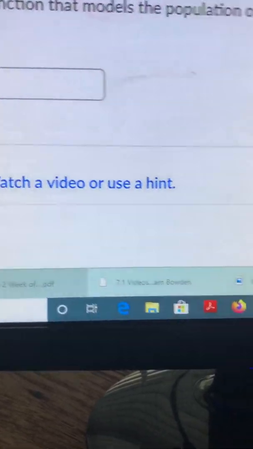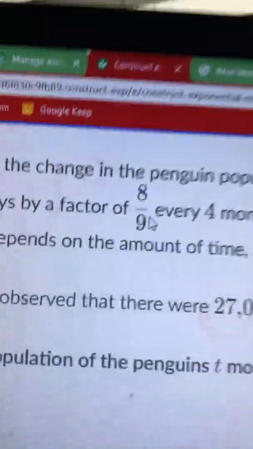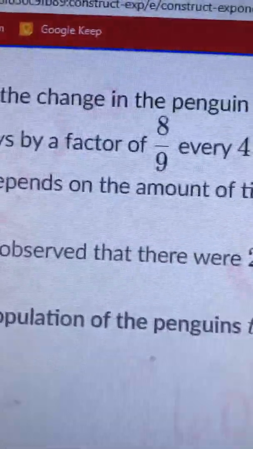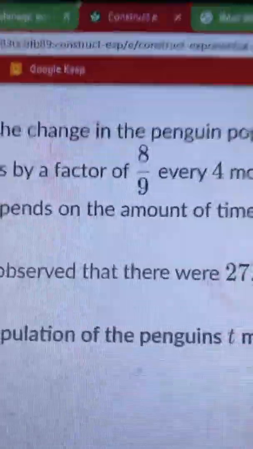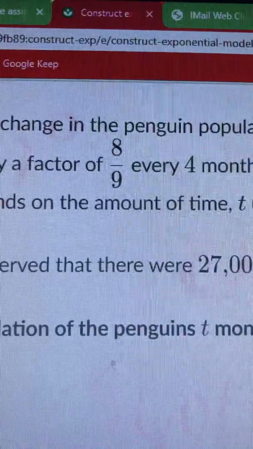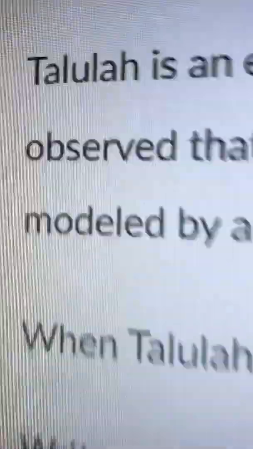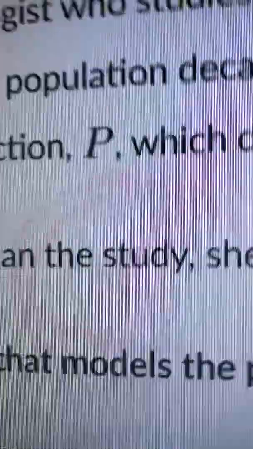Okay, let's see the next one. The next one says a factor of 8 over 9. So when it says factor, you just throw that fraction in. It says when the study began, there were 27,000.